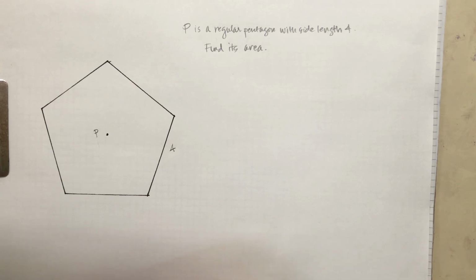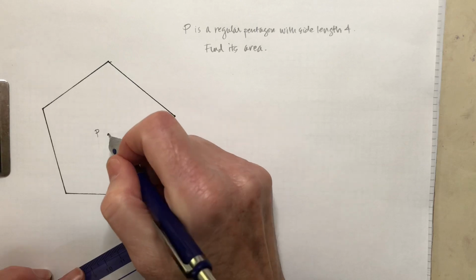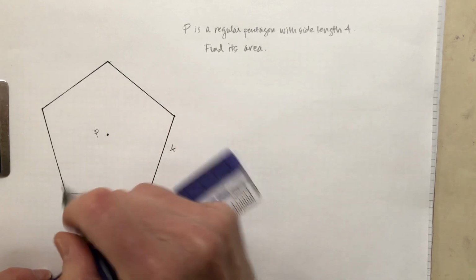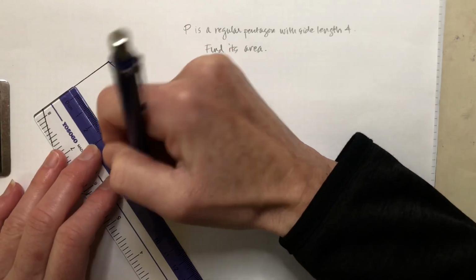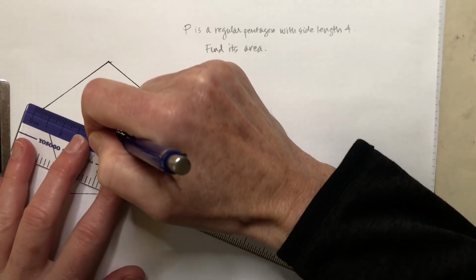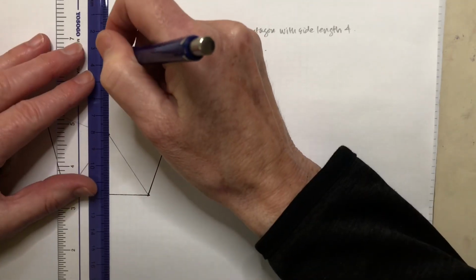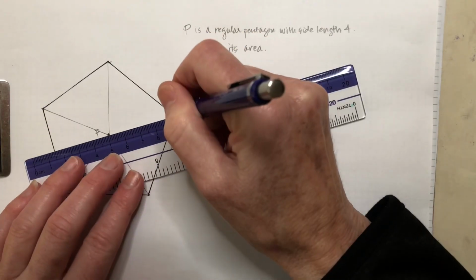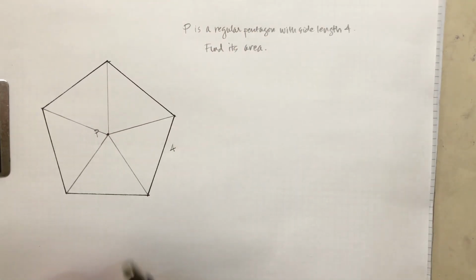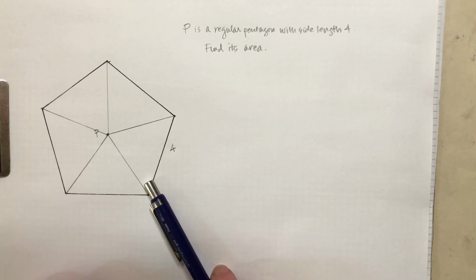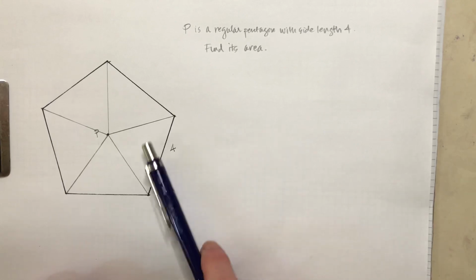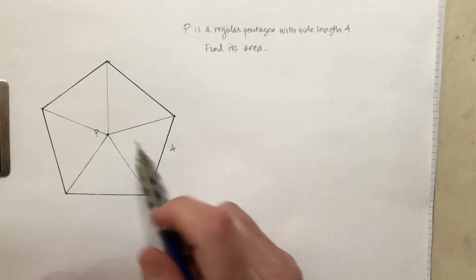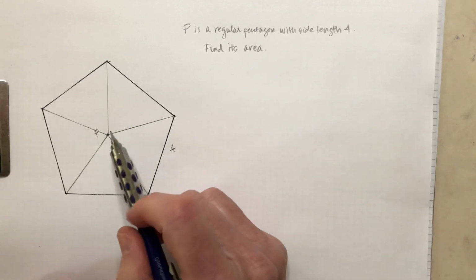One thing we can do is connect the center to each vertex. So now we've subdivided this pentagon into 5 triangles, and those are all going to be congruent to each other because the radii are congruent to each other.